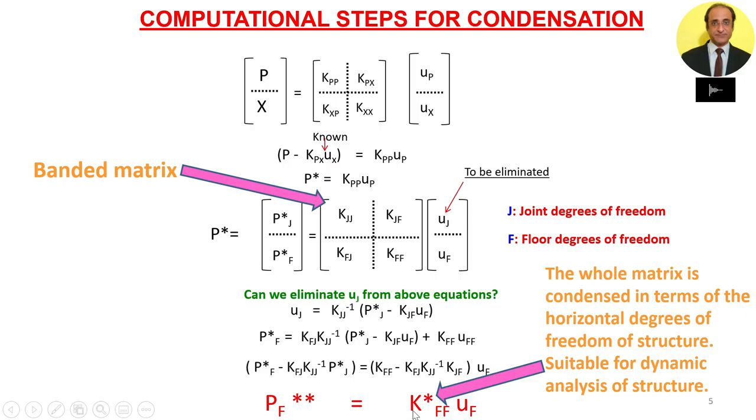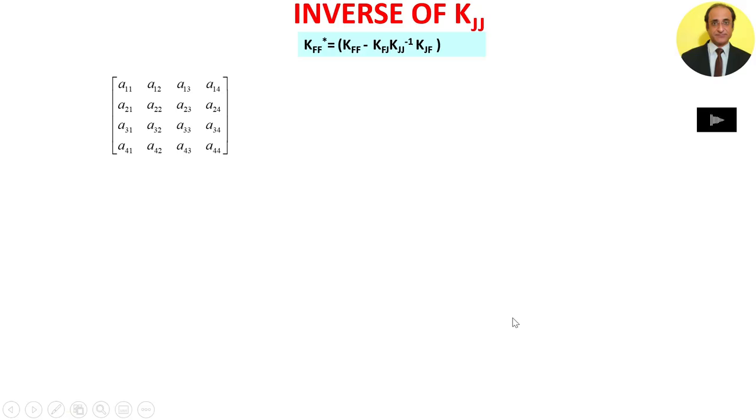Here KFF star is the condensed stiffness matrix, condensed in terms of the horizontal degrees of freedom of the structure, and PF double star is the condensed force vector. Once we have these two, the typical size of the system of equations to be solved is relatively small, and it can be very easily solved by Cholesky's approach. We'll see that now. However, this process of condensation means that we have to obtain the inverse of Kjj.